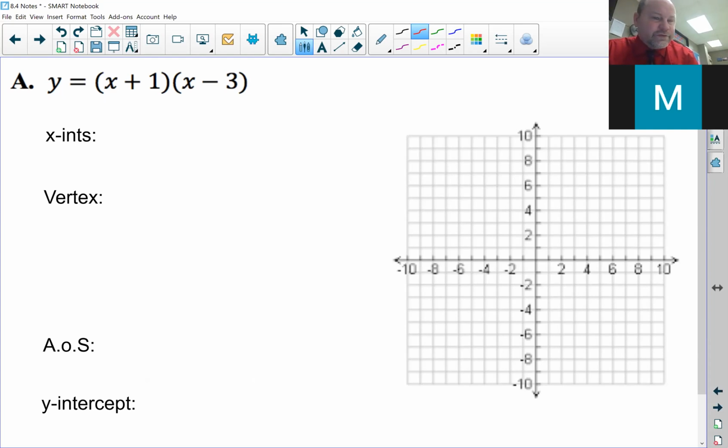X-intercept. Now we know the y-coordinate is going to be 0. And we know they're going to be opposites of what we have in the intercept form. So -1, +3.